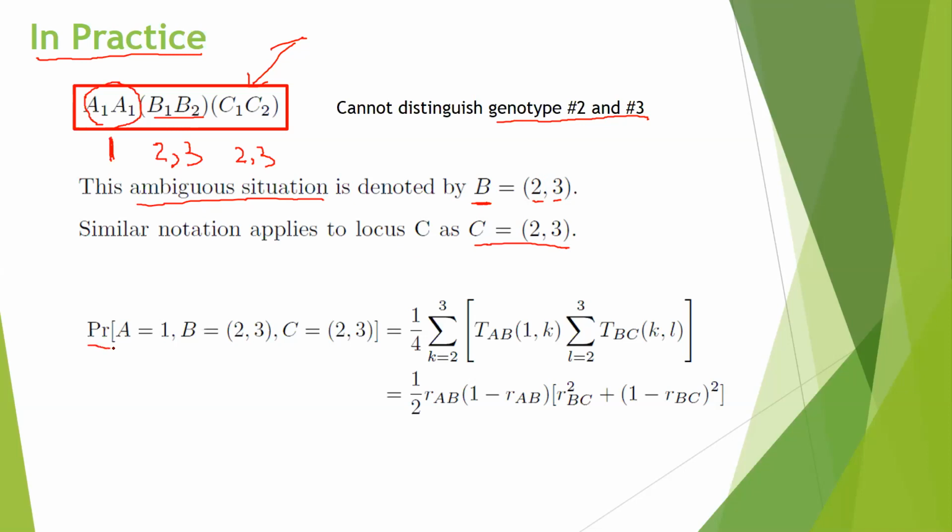Now if we want to calculate the probability of this, for the B locus we have to consider B equals 2 or B equals 3, and the same for locus C. The genotype 2 and the genotype 3 are mutually exclusive, right? If B equals 2, it cannot be 3 for any progeny.